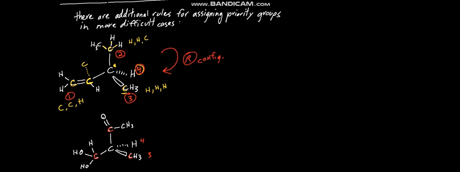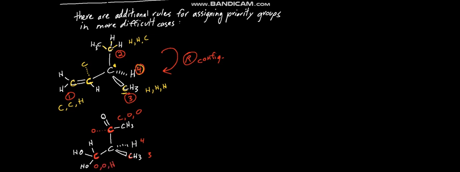So between 1 and 2, and we don't know which one's which yet, attached to this carbon here above is a carbon, an oxygen, and then how do we do this? If it's a carbon double bonded to oxygen, we consider it an imaginary oxygen. And then here, so that's C, O, O. Now, what about down here? Attached to this carbon here, O, O, O, but we have an H, not a C.